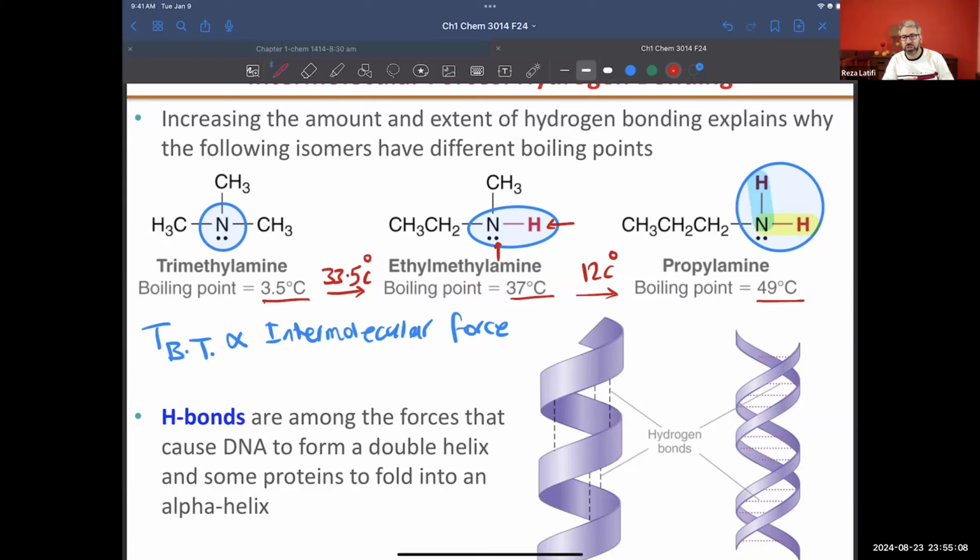And why is the jump not that significant anymore? One reason is that you can talk about the shape of the molecule also, and how easy it actually is to make hydrogen bonding or make dispersion forces. I don't really want to go very deep now, but as you see, the jump is not that huge anymore.